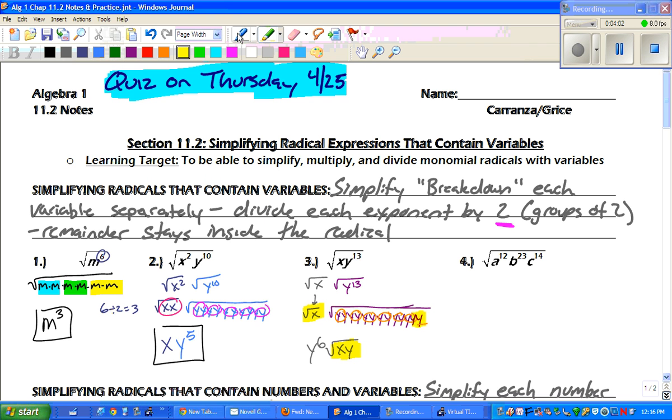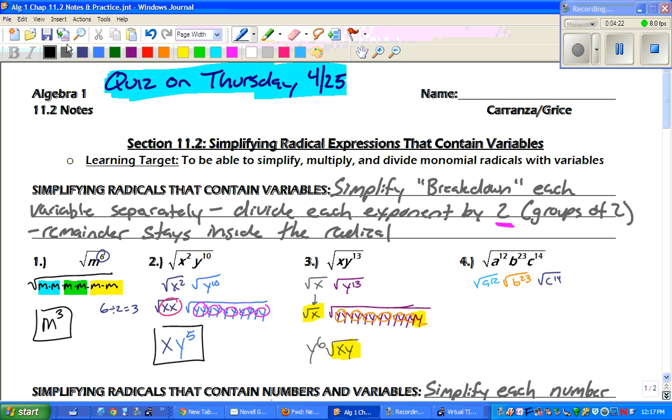Okay, so let's go ahead and break down number 4. We got a to the 12th, b to the 23, and c to the 14. I want to divide each one of those by 2.